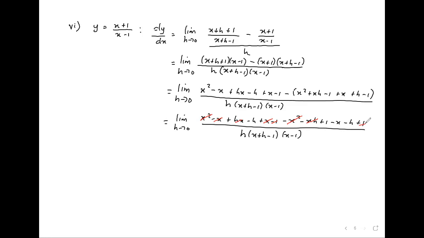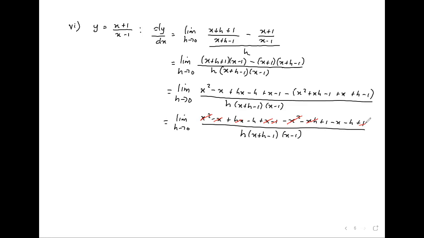Okay, so the remaining things, there's trouble in the village because this thing must divide h, but we have 1 minus x there. How? Recheck. So x squared minus x plus hx minus h plus x minus 1, x squared plus xh minus x.